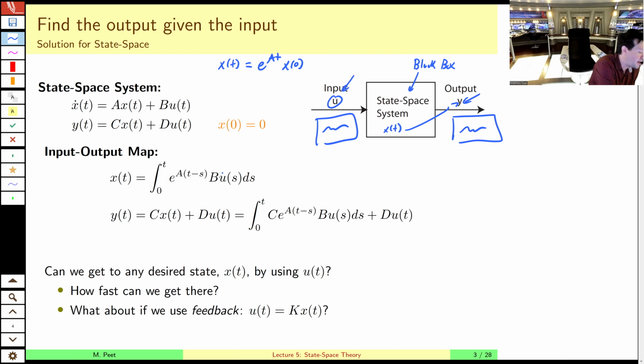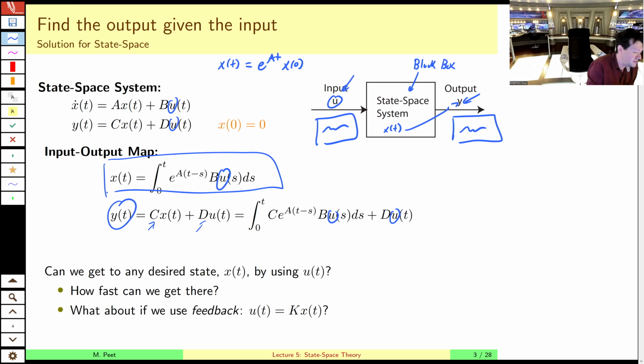So a map between this input here, and here, to the output of the system, which is y of t. In this lecture, we're not going to be concerned too much with y because we're not going to introduce the C and the D matrices quite yet. But we'll mostly be focusing on this map.